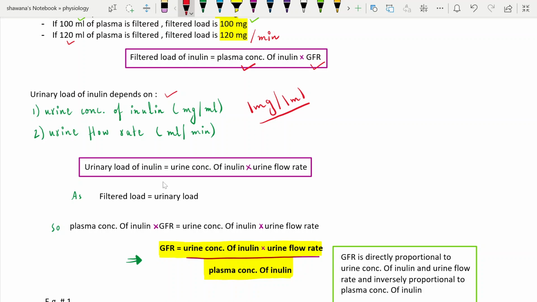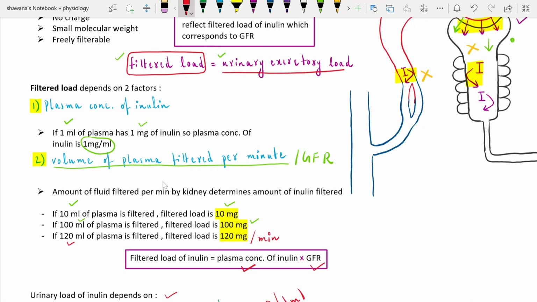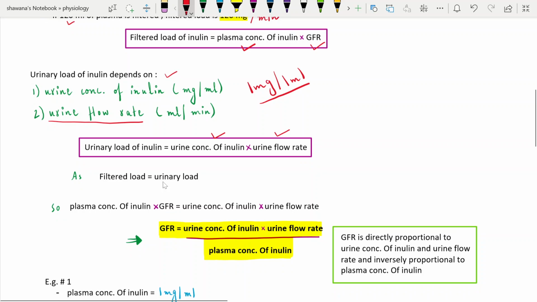And second is the urine flow rate, the amount of urine produced in 1 minute, so it's ml per minute. So urinary load is urine concentration of inulin multiplied by the urine flow rate. As we have balanced the two equations, we can say that filtered load is equal to urinary load, right?